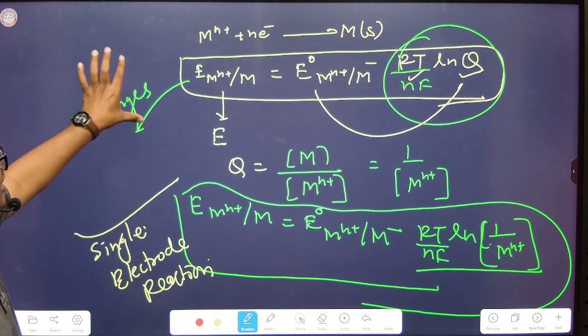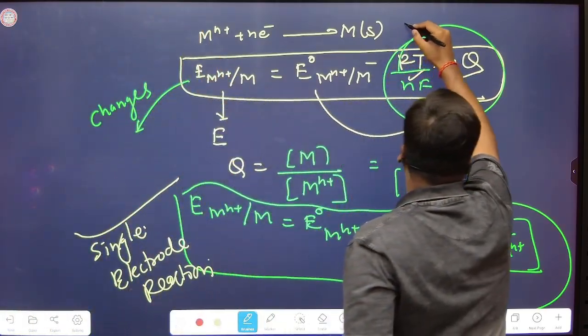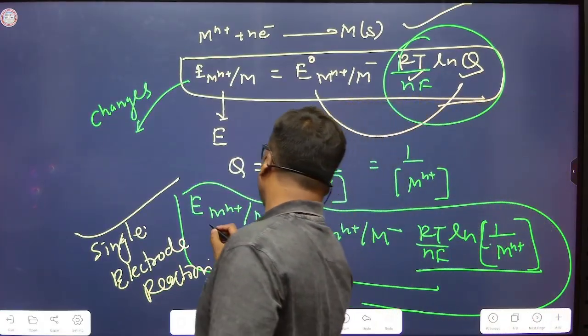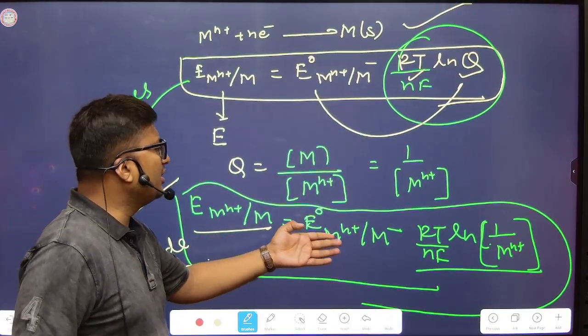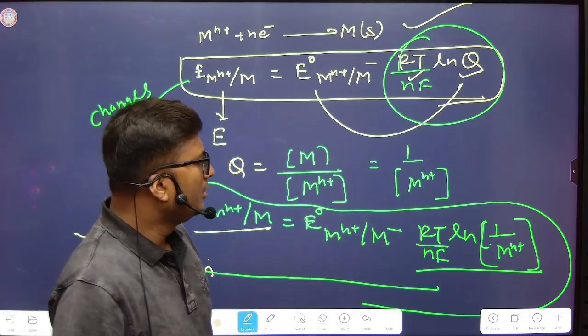Single electrode reaction means there is only reduction, so we are getting the reduction potential, right? This is the difference between the standard reduction potential minus this value, right?